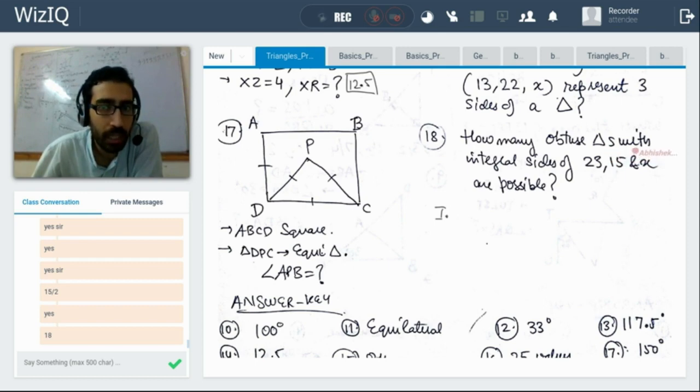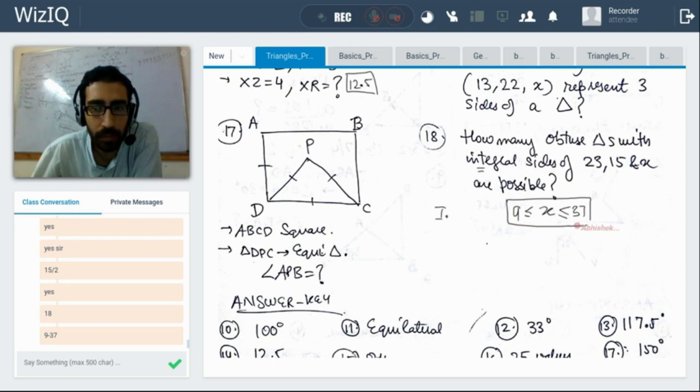Since 15 plus 8 has to be greater than 23, I get this limit that x has to be greater than 8, or in other words, it has to be greater than equal to 9. Since it is an integer or a natural number, it has to be a positive integer. And thus, x will be greater than equal to 9 and less than equal to 37.